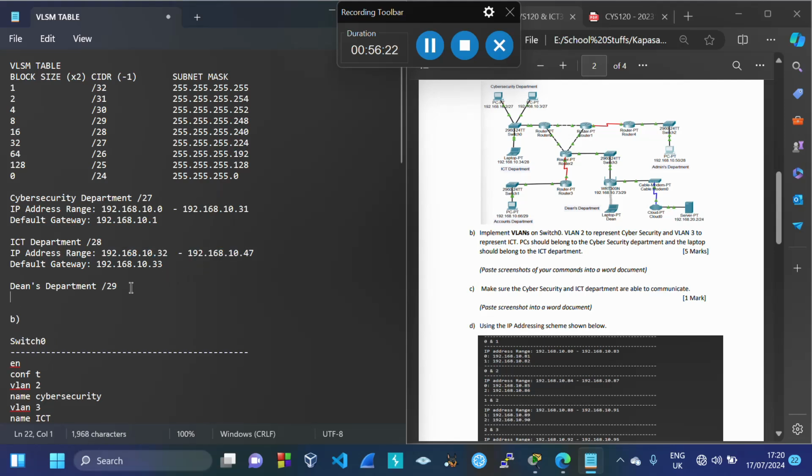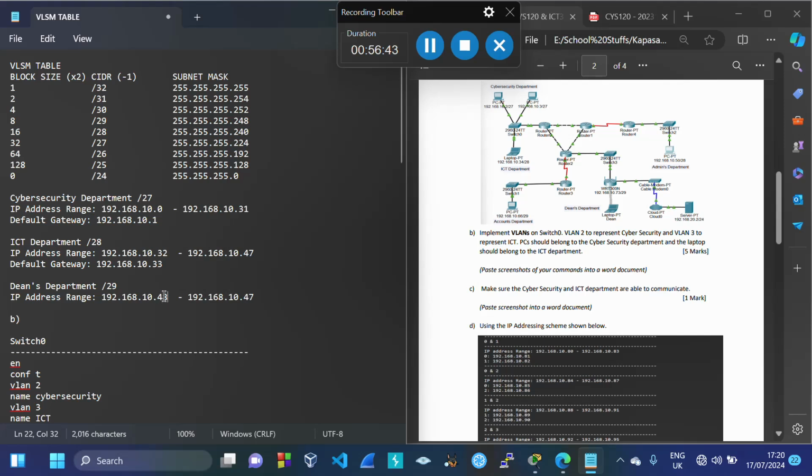Because we had ended at 47, it means we're supposed to start at 48. So we needed to start at 48 for our subnetting, right?